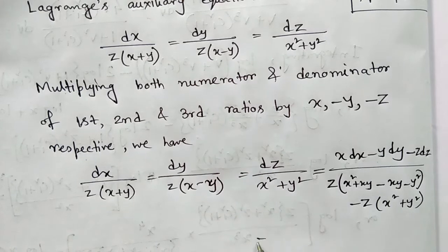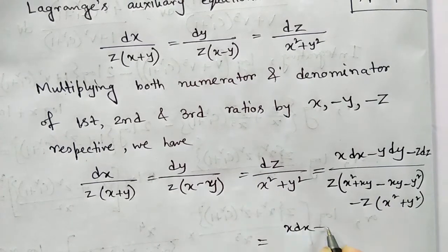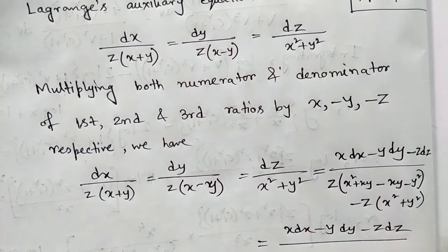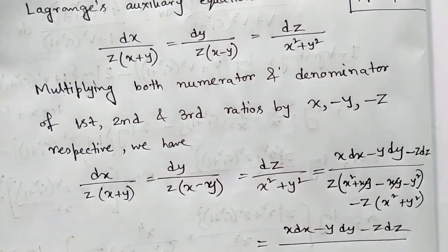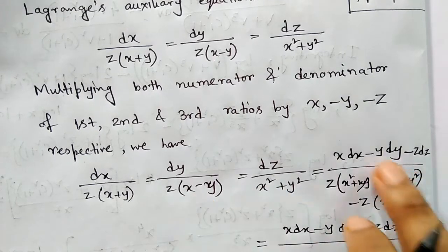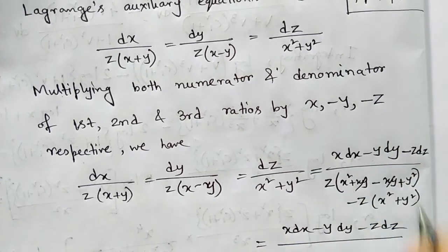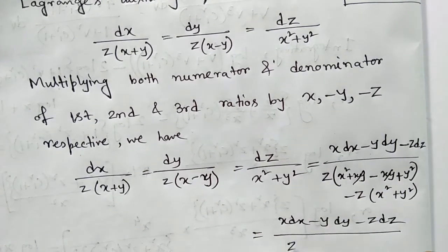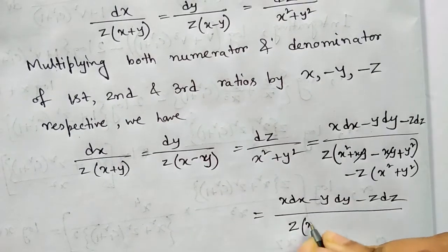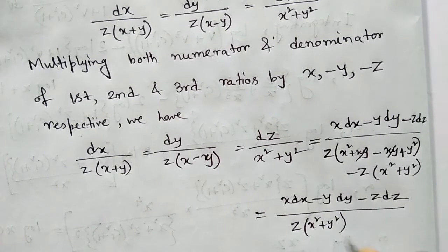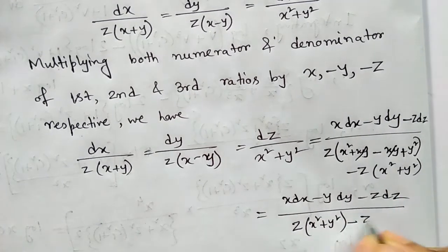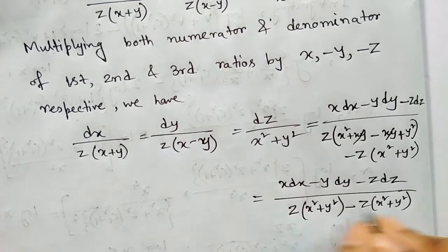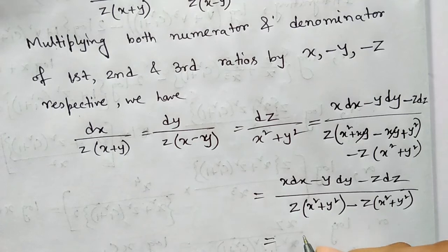So see, the xy terms cancel out. Then, minus y times minus y, so that is plus y². So we get z(x² + y²) minus z(x² + y²). So the denominator term will vanish now.